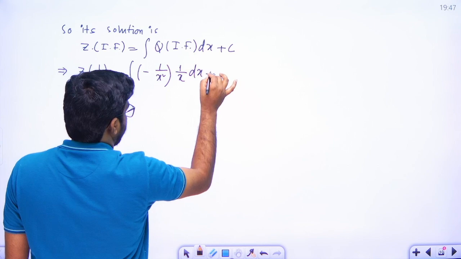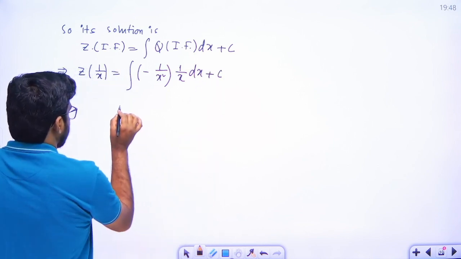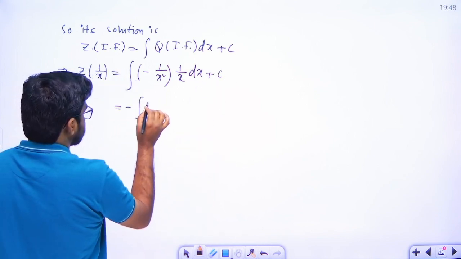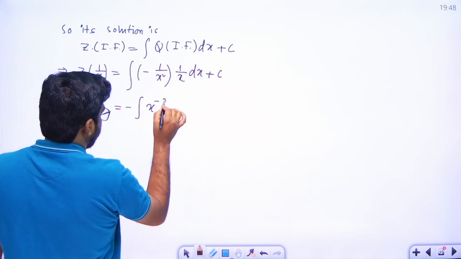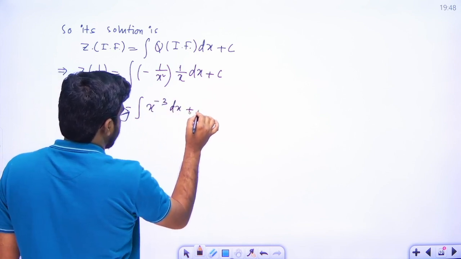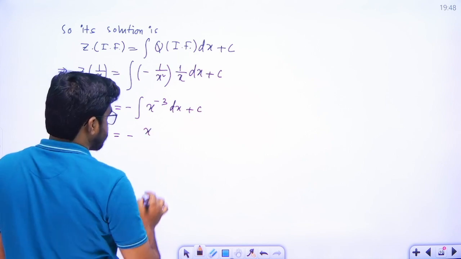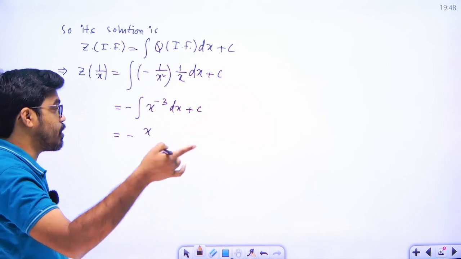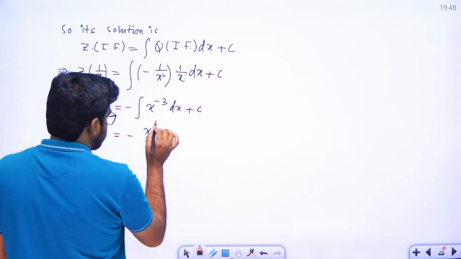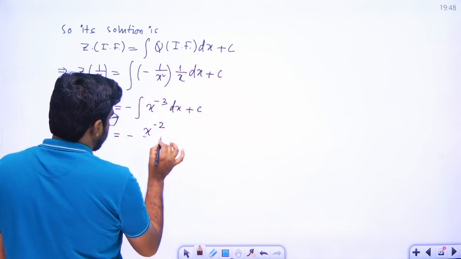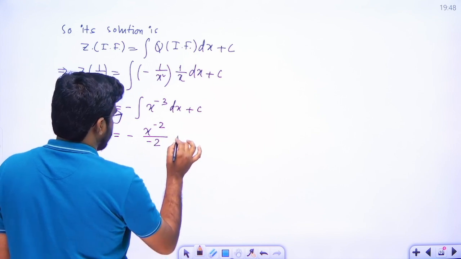dx plus c, okay? So ultimately what we get, minus x to the power minus 3 dx plus c. So this implies minus x to the power n plus 1 divided by n plus 1, that means minus x to the power minus 2 divided by minus 2 plus c.